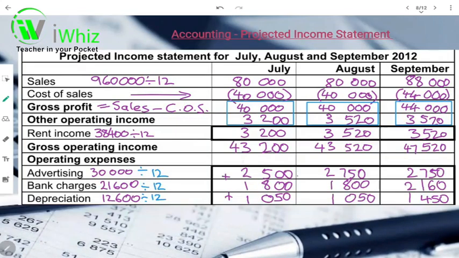Press equals on your calculator, wizards. That should give you an amount of 27,550 Rand.